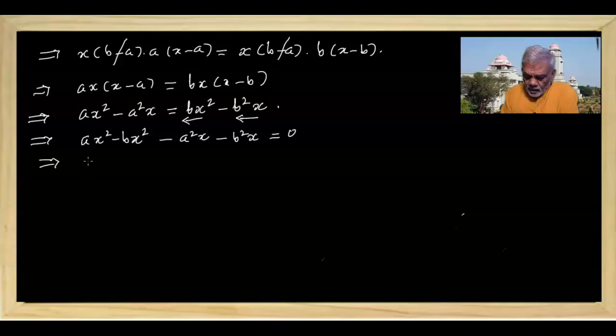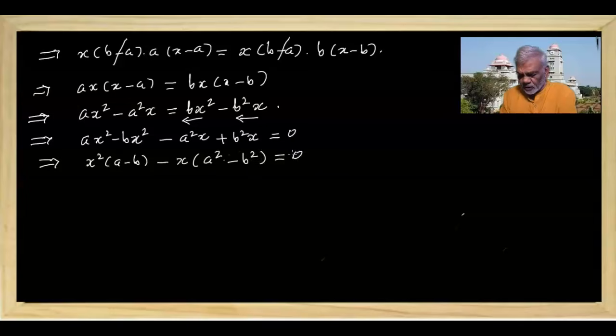This you can write down as x square into (a minus b) minus x into (a square minus b square) is equal to 0. After taking this one, this is going to be plus, and therefore this is a square minus b square.